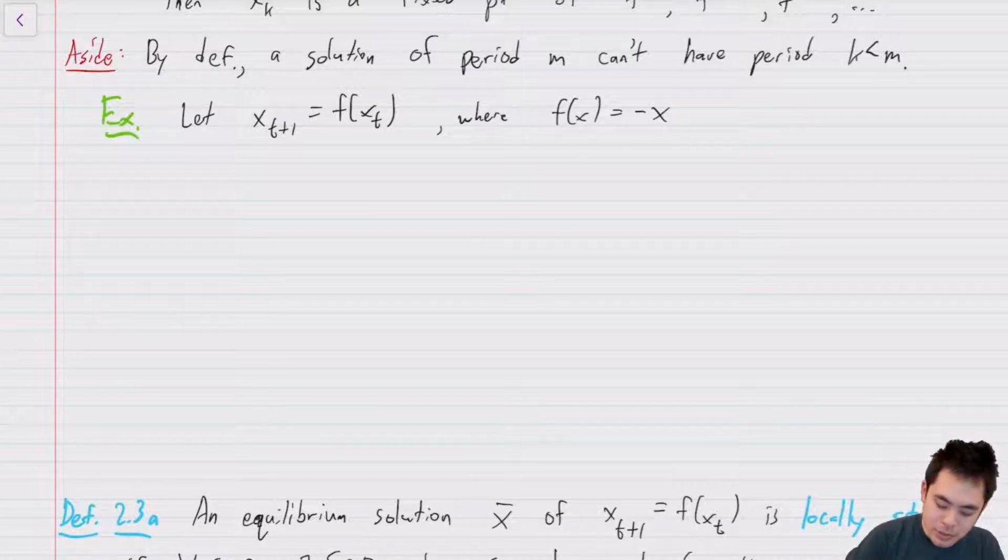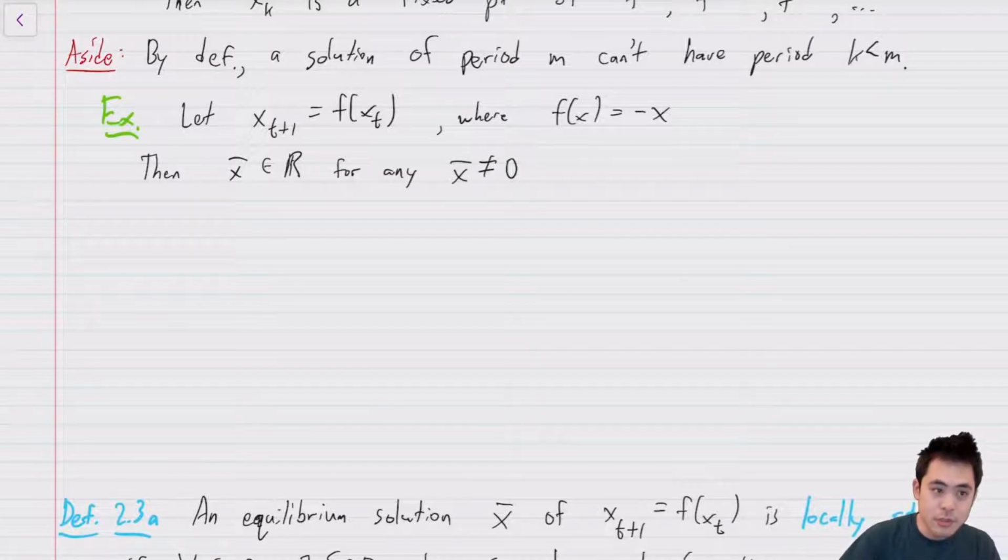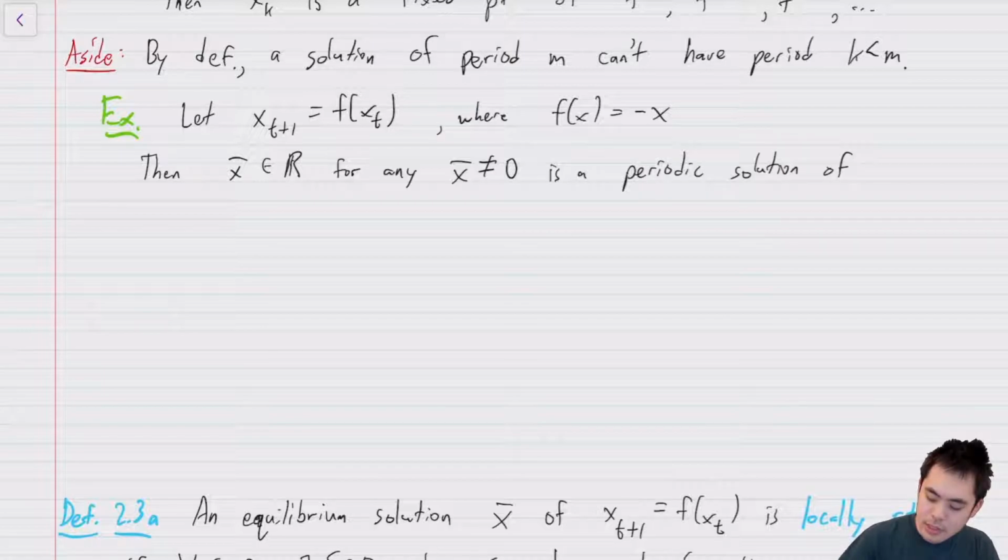So you should be able to see where this is going. Well, then x bar in the real numbers, for any x bar not equal to 0, is a periodic solution of period 2.